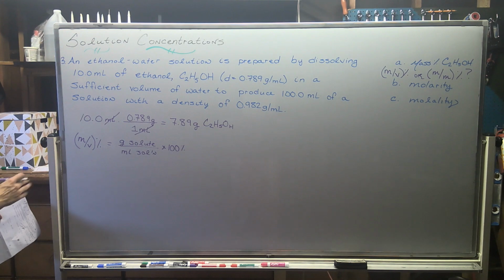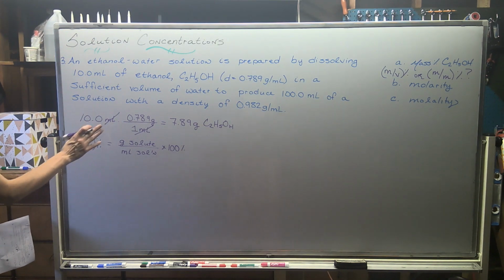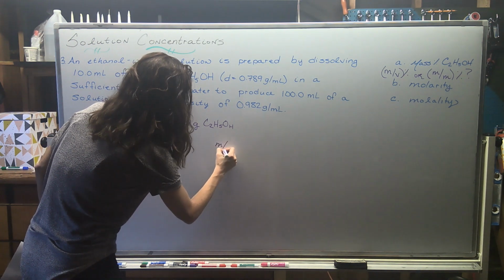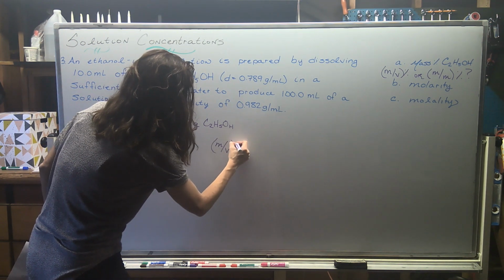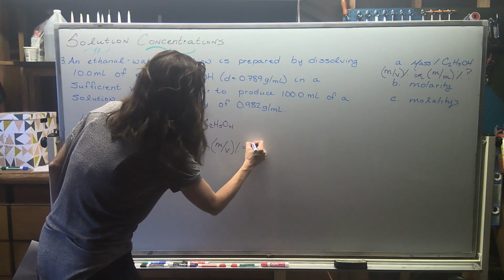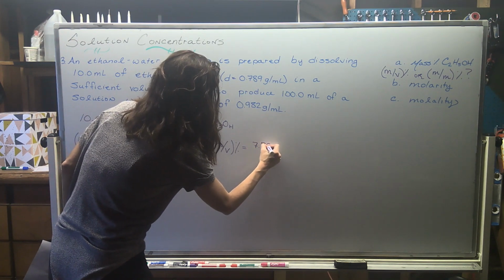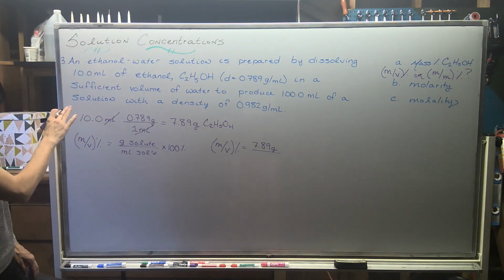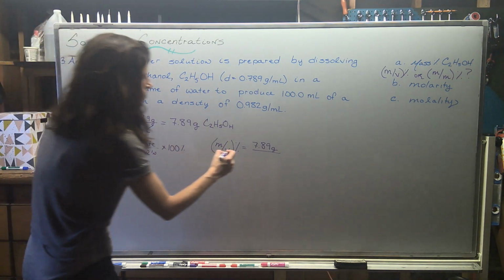So not too bad, because we just had the grams of ethanol, and we were given the volume of the solution. It's 100 mils.